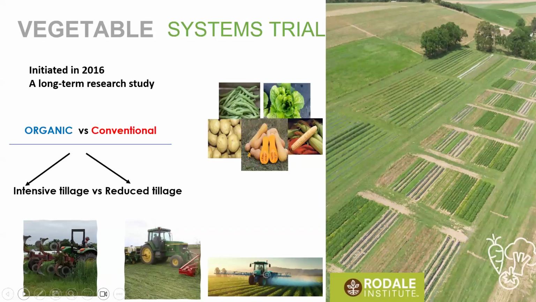The crops that we select are beans, lettuce, potato, squash, winter squash, and sweet corn. Each of those represents a habit of either upright or vine or root or leaf or fruit.